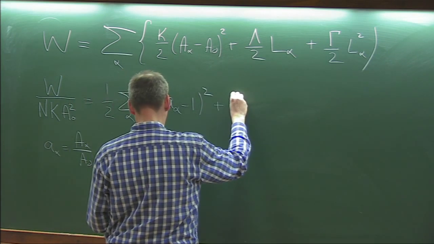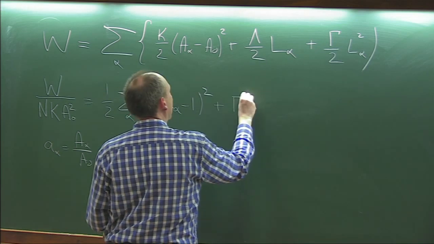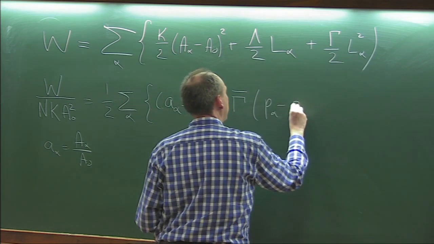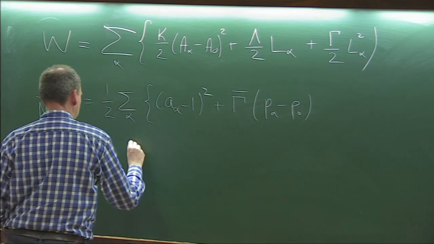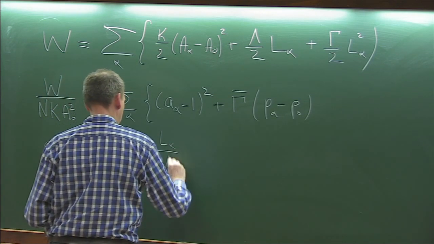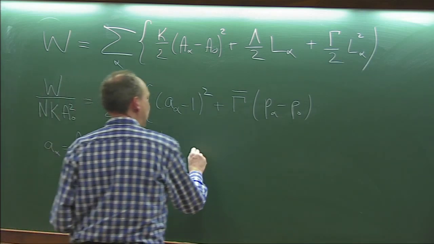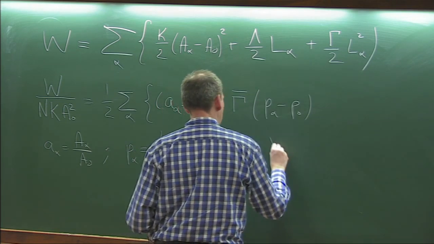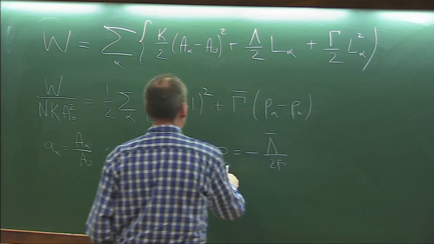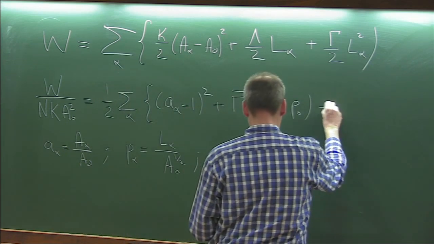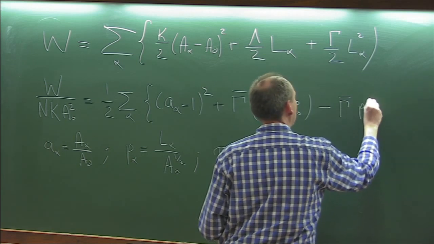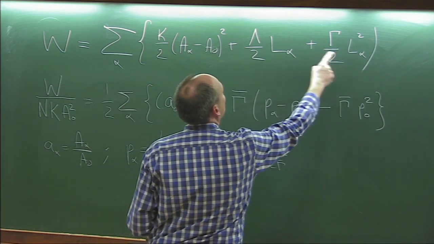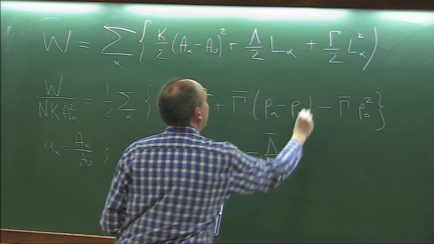Then I have my gamma bar, dimensionless, P alpha minus P0, where P alpha is now a dimensionless perimeter, normalized with the square root of the preferred area. And here I've introduced a parameter P0, that's a preferred perimeter, which is minus lambda bar over 2 gamma bar. And if you insert this here, you see that it gives you this expression if I also subtract a constant. So this comes from here directly. I've just had this quadratic and linear term, and I added a constant to be able to write it as a difference squared.